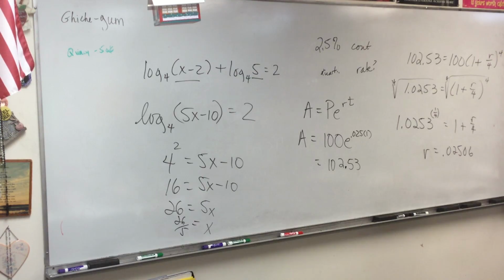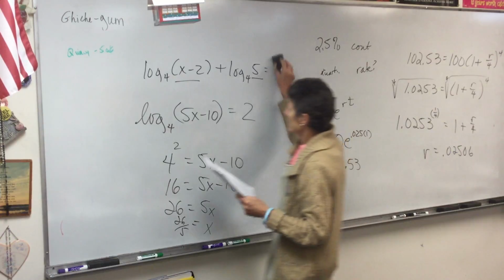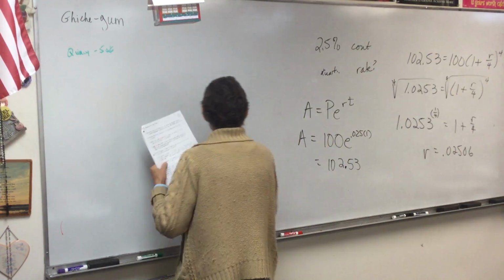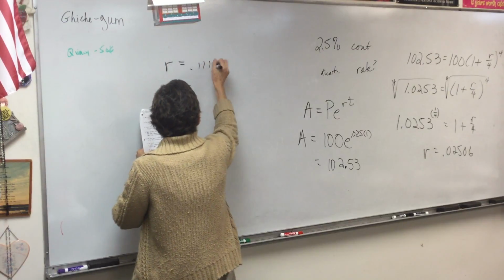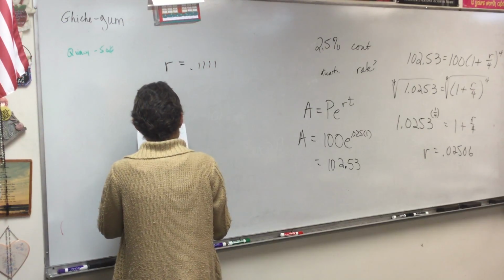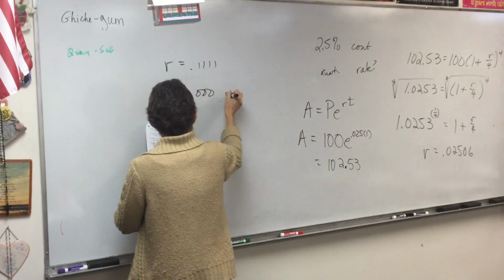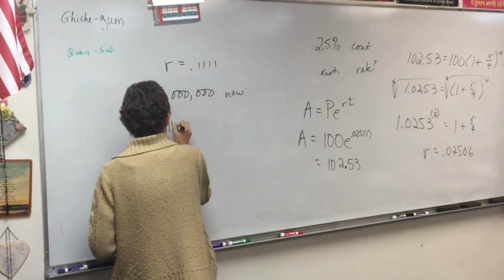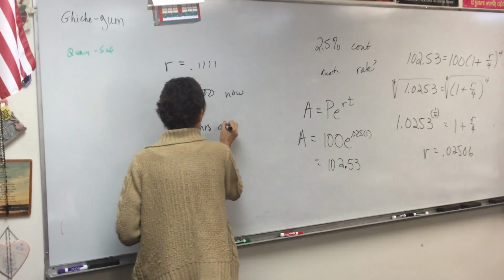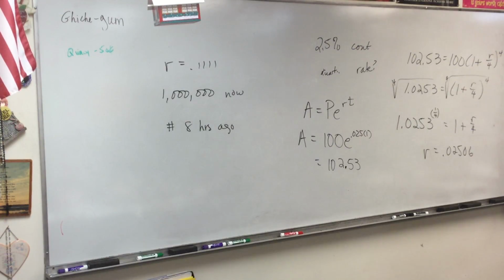Number 6. Growth constant, Precal A. So we got some kind of creature, and its growth constant is 0.1111. There are now 1 million, so I have 1 million of them. How many were there 8 hours ago? Okay, there's no formula given, so I need to figure out which one I'm using.